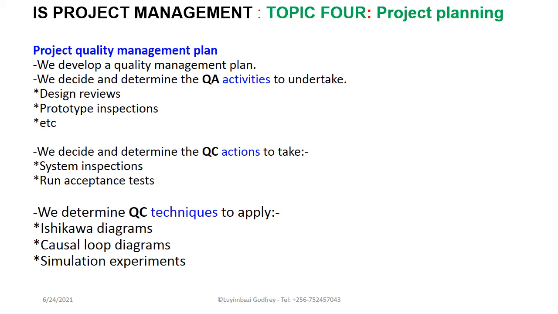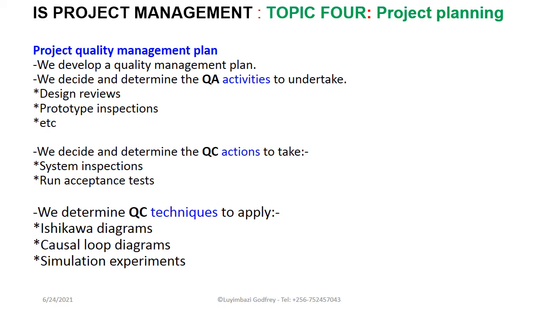These may include system inspections, they may include running acceptance tests. We also need to determine the quality control techniques that we may apply during the project implementation, and these may include using Ishikawa diagrams, using causal loop diagrams as we study about them in our system dynamics, and then also using simulation experiments.